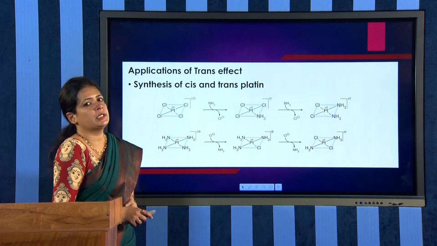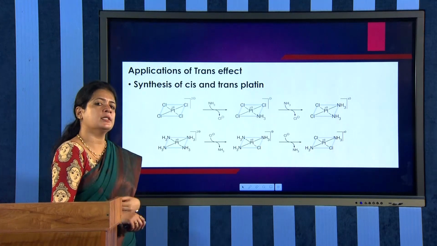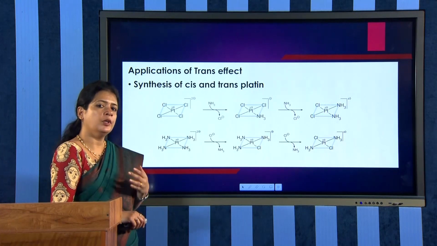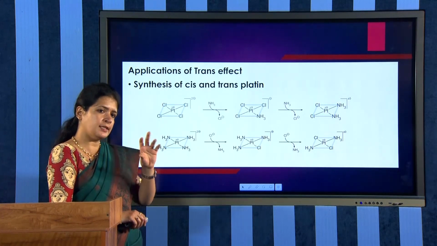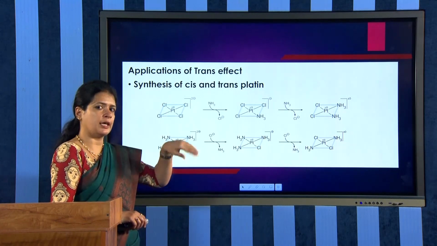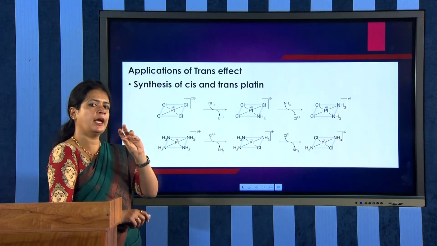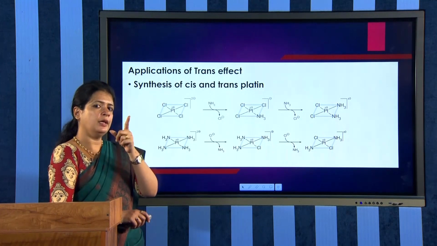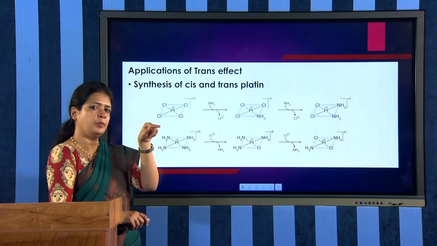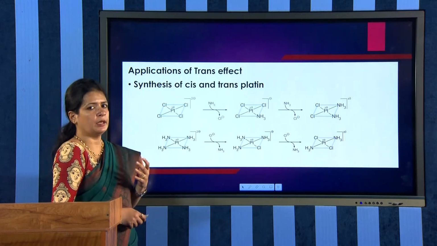The synthesis of cis and trans platin. We have to consider the trans directing ability of the existing ligands in the complex before we consider the attack of the ligand. So, the trans directing ability of the ligand will control the position of the incoming ligand. That is the main thing to be kept in mind.